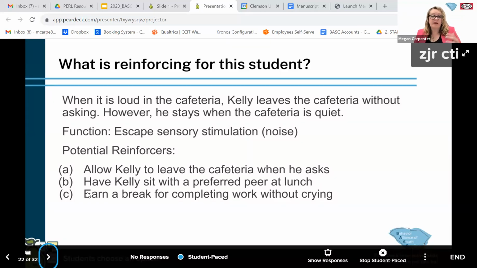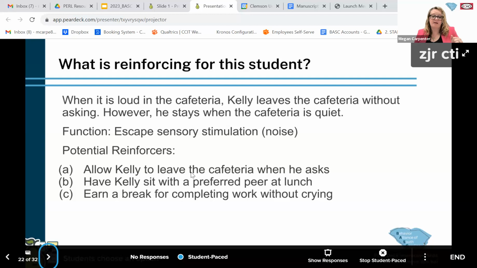So when we look at matching the function of his behavior to a potential reinforcer, we could have him earn a break when completing work. And that's not really appropriate because there's no work in the cafeteria. We could allow him to sit with a preferred peer, and that doesn't allow him to escape that noise.